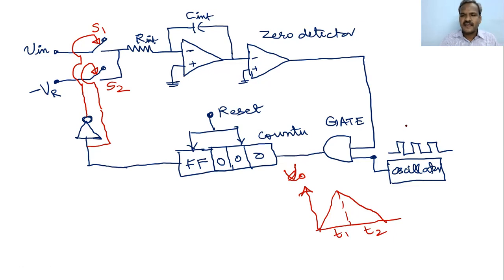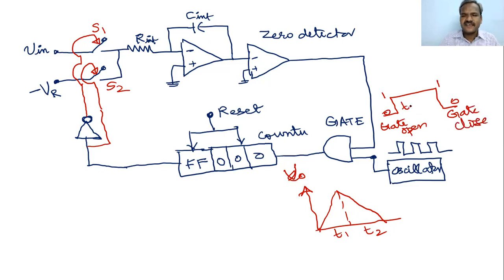Okay. So here they gated 0 and 1. 1, 0. This is gate close. This is gate open. This is gate close.